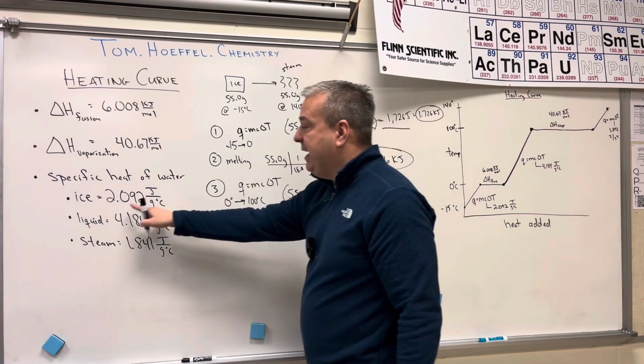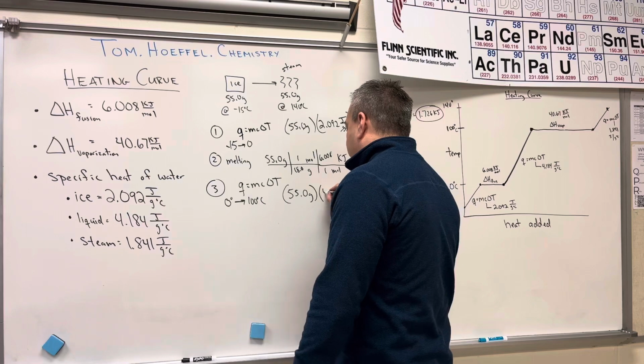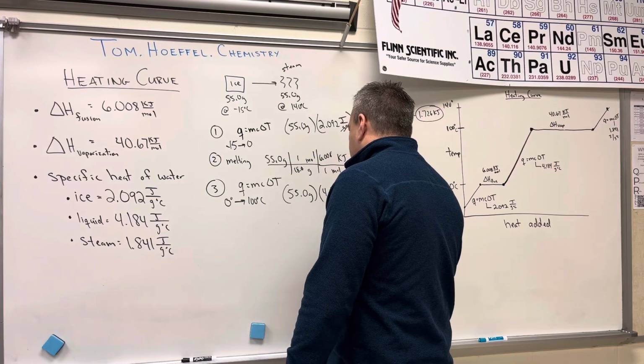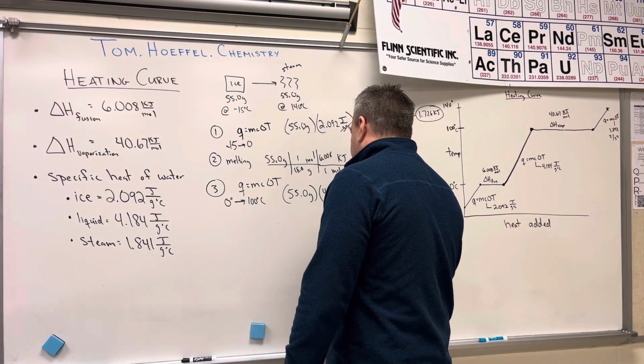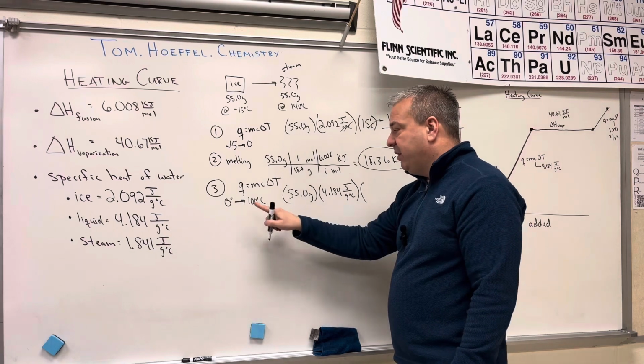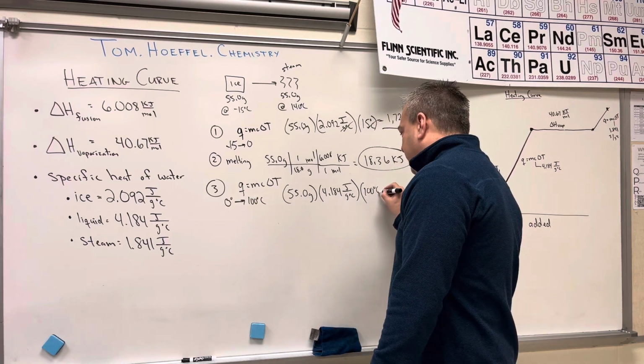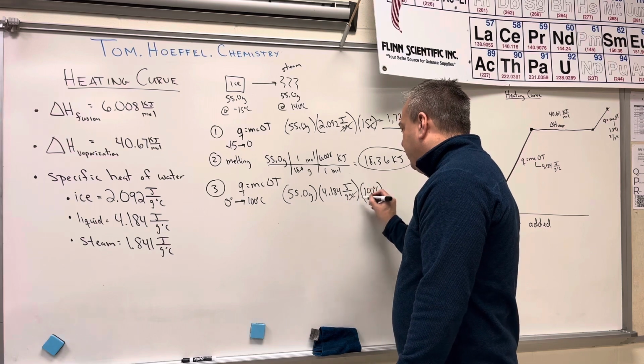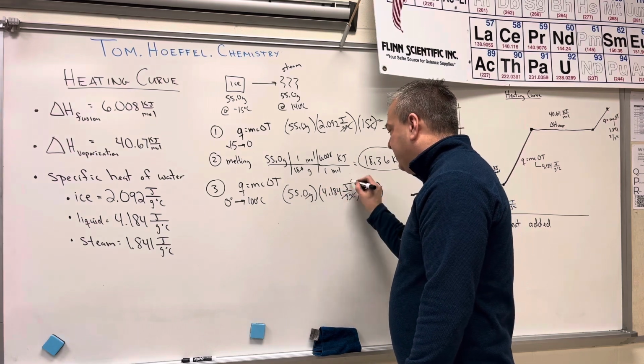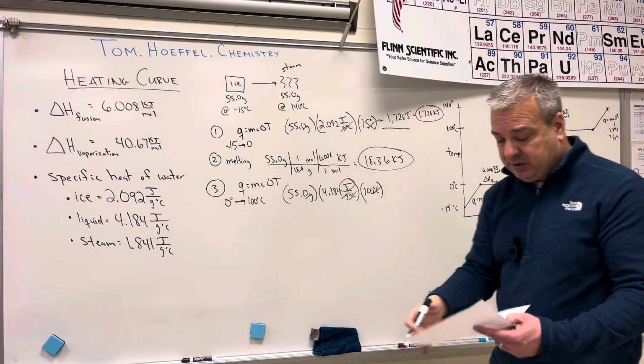My specific heat is now liquid water, so it's going to be 4.184 joules per gram degree Celsius. And I'm going from 0 to 100, so 100 minus 0, final minus initial, tells us we got 100 degrees Celsius. The degrees Celsius cancels out, the grams cancel out. I'm going to be left with joules, okay?